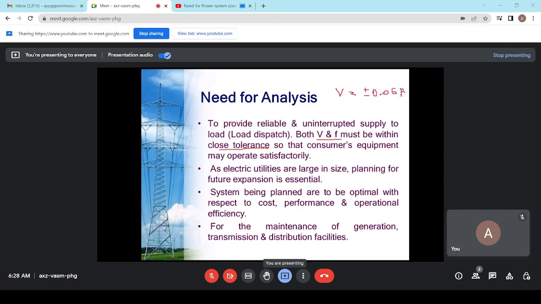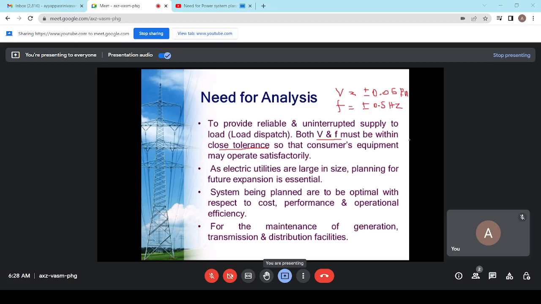So in order to avoid that, we need to receive quality power. The power utility company has to provide quality power to the consumer. The quality of power can be decided with these two factors, V and F, voltage and frequency. It should be maintained within the close tolerance value.